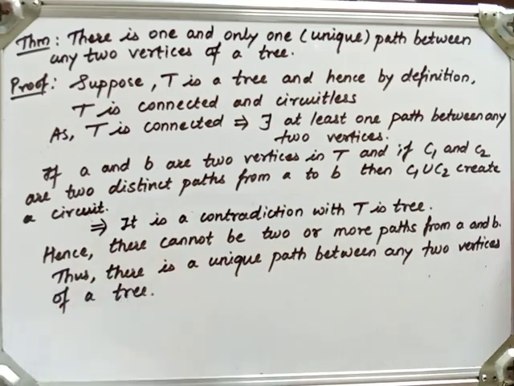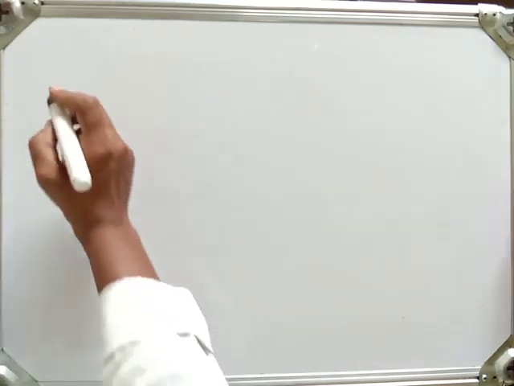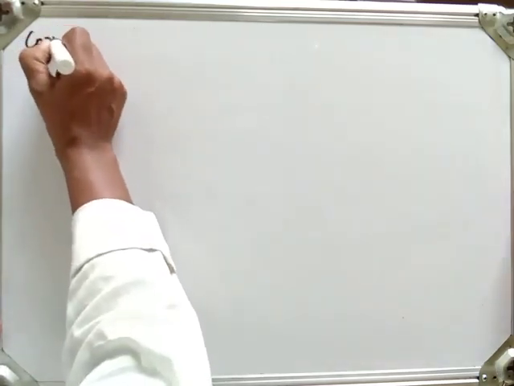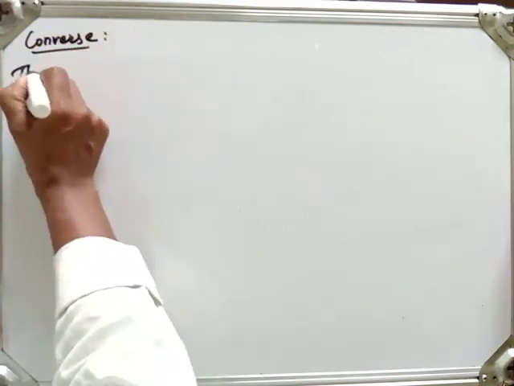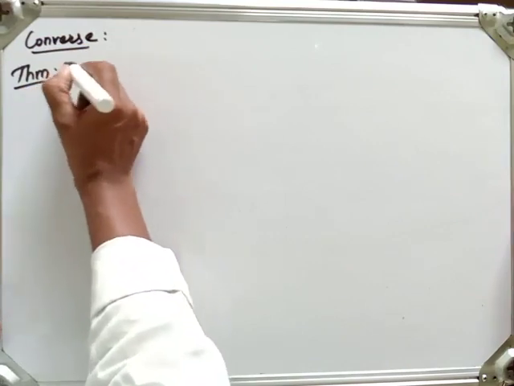Now, the next property we have to see is the converse of this one, that if there is one and only one path between any two vertices of a graph G, then G must be a tree. Okay, so let's go towards it. The converse is just for your understanding, so I am taking a different theorem.